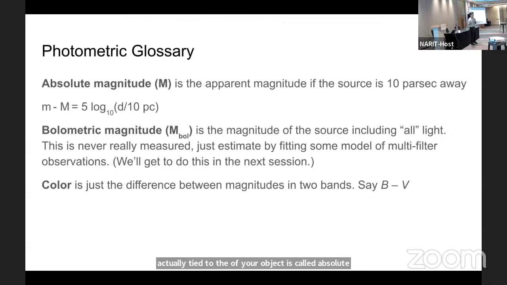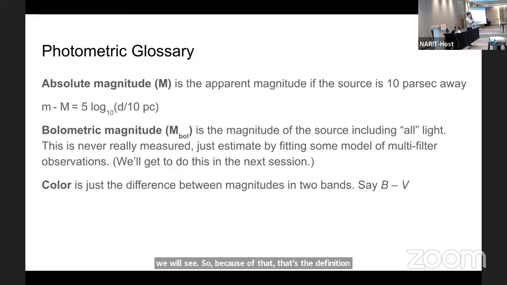And again, as astronomers like arbitrary things, absolute magnitude means if you take this source and put it at 10 parsec away from Earth, what is the magnitude of that source that we will see. That's the definition of absolute magnitude.